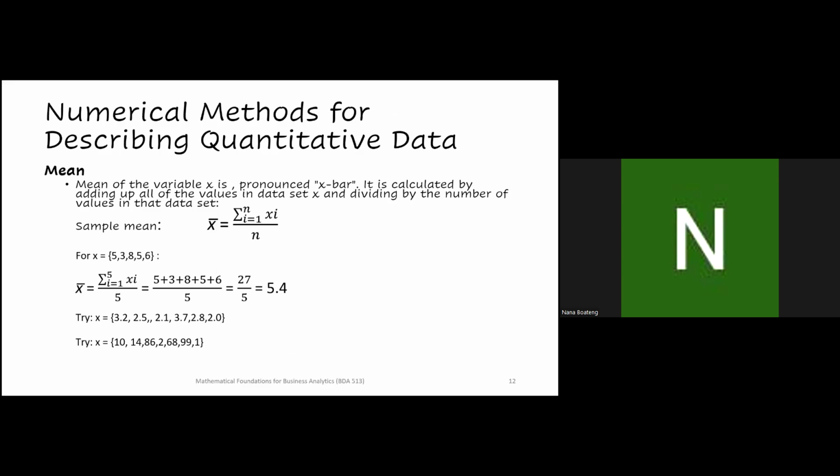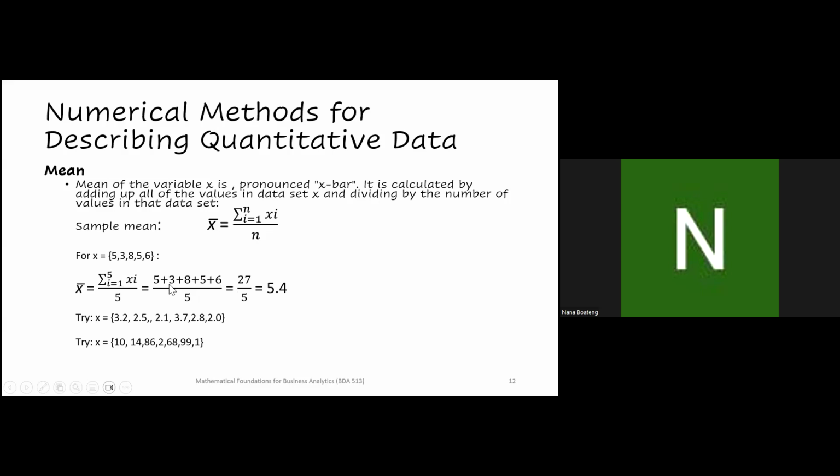If you take a typical data set, let's say these are the observations: 5, 3, 8, 6, 8, 5, 6. We take the first number up to the last number, so that's the number of observations in the data set.